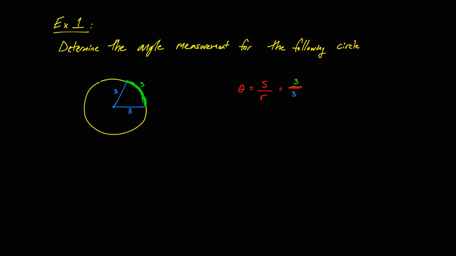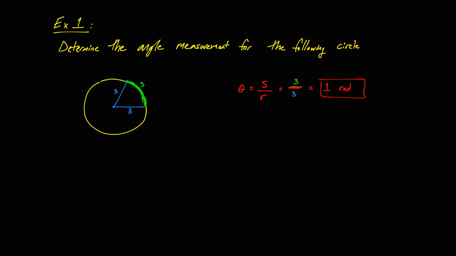So that's 3. If you do this out, this ratio shows it is a 1-to-1 ratio for this circle. If you have a radius of 3 and an arc length of 3, your angle measurement is 1. Now, again, we talked about what type of units. In this case, this is 1 radian, or 1 rad.